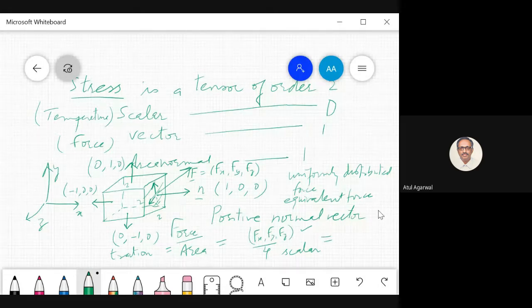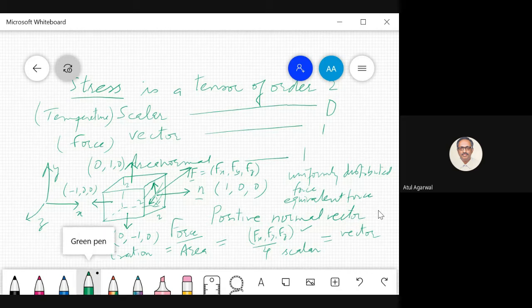So this is a vector. Any problem with this? So we have defined a vector. We call it the traction vector. The traction vector is nothing but force upon area. What is the sign convention of this traction vector? It will have the same sign convention as that of force. If this component fx is positive, this component fx upon area will be positive. Similarly, fy upon area, fz upon area.